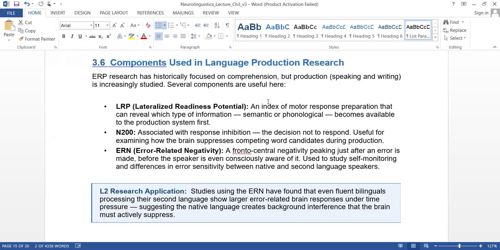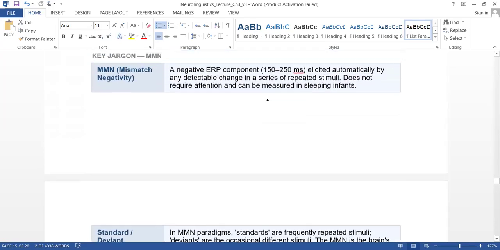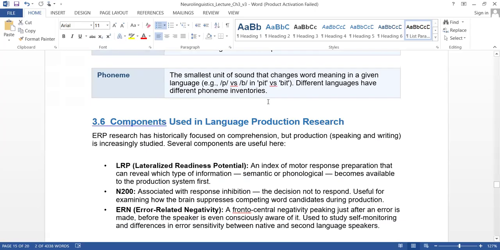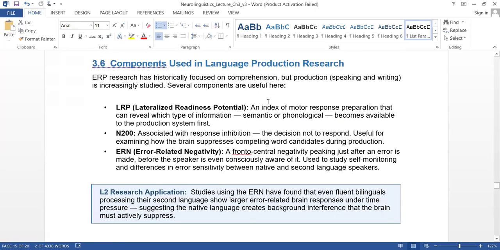Now, again, like these components, N400, P600, MMN, and all that, sorry, not MNC, right? These are some other components which are used in language production research, basically. I'm not going to talk about them in detail because our main focus here is on comprehension and not production.